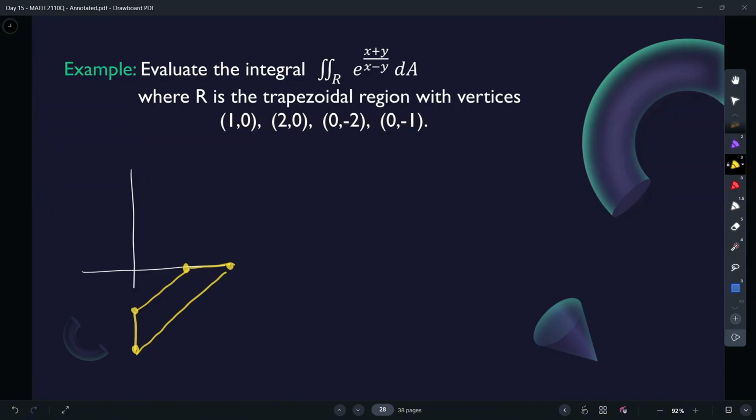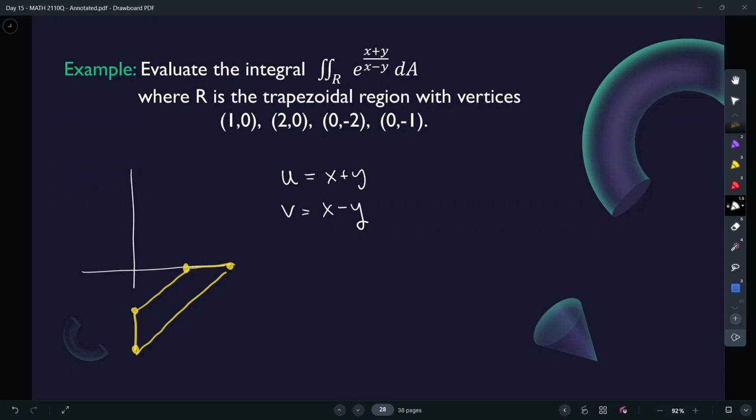And I want to do some transformation that will allow me to compute this integral, which seems very complicated with that x plus y and x minus y on top. So what someone decided is to use the transformation where u is x plus y and v is x minus y.